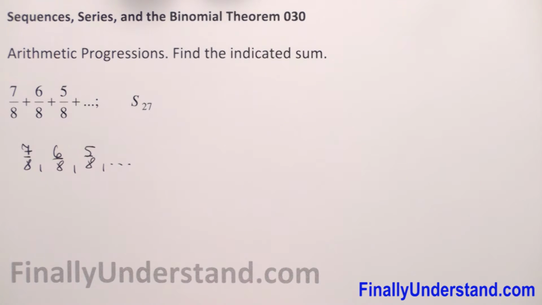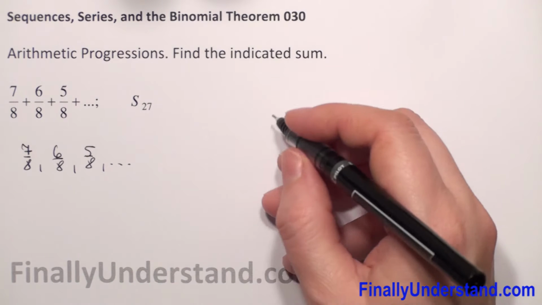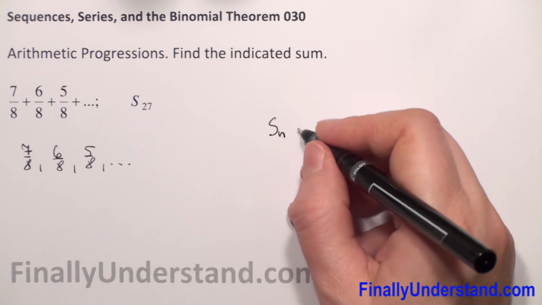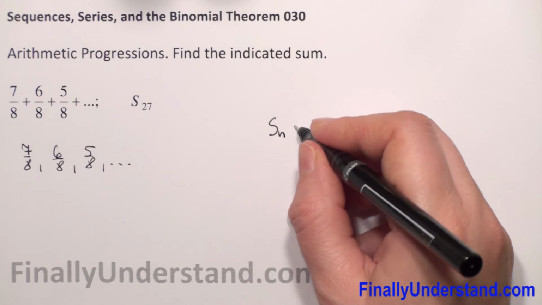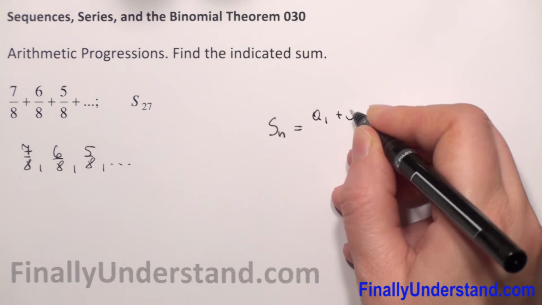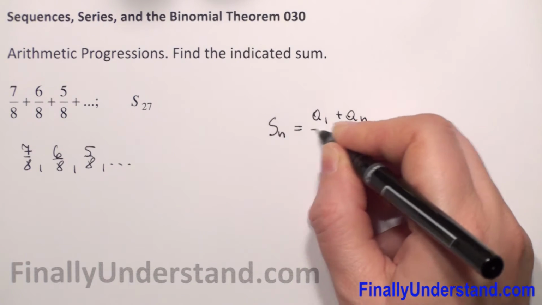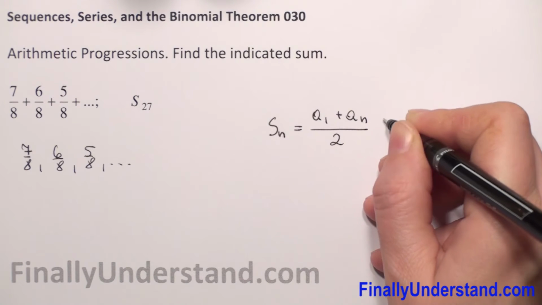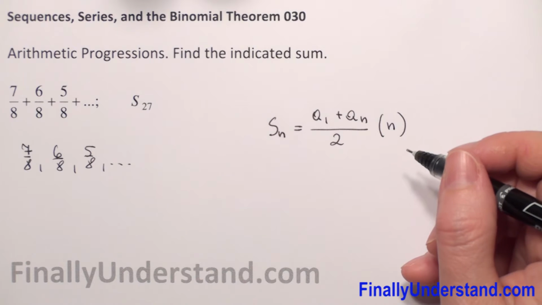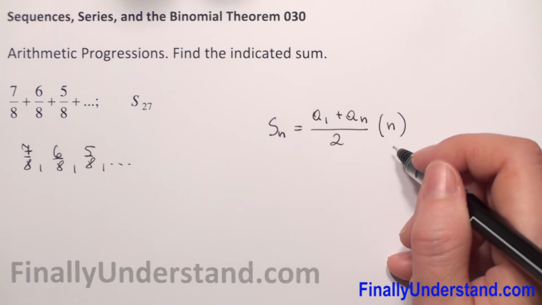We need to find the sum of the arithmetic progression, so we will use the formula that Sn, the sum of n terms, is equal to the first term plus the last term over 2, times the number of terms n.